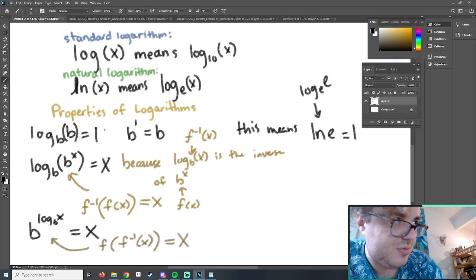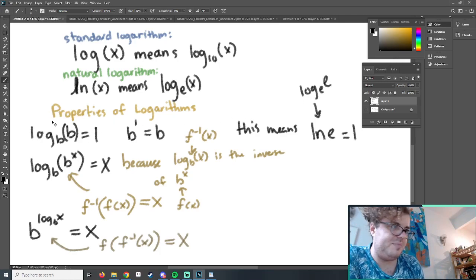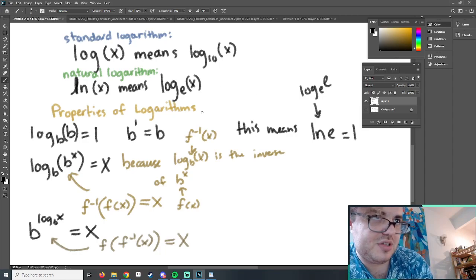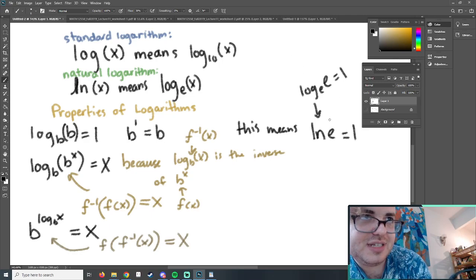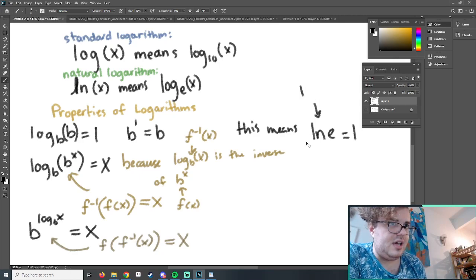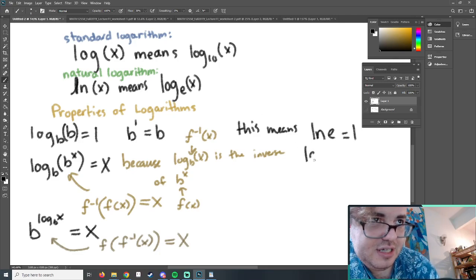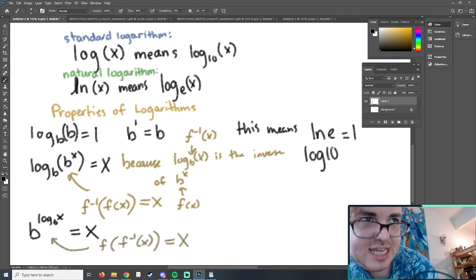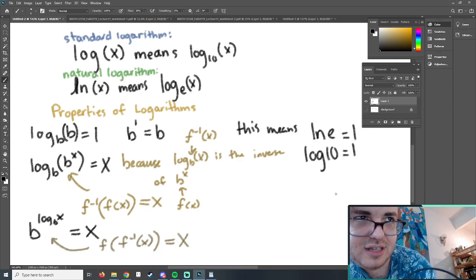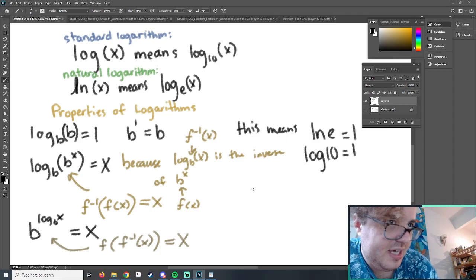So that's just this rule again, where log base b of b equals 1. In this case, we're just plugging in e, the number, for b, the variable. So, of course, the power you raise e to get e is 1. So ln e equals 1. Then we also have, similarly, log 10 equals 1 for the same reason. Log base 10 of 10 equals 1.